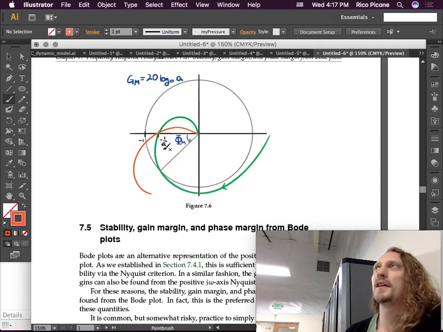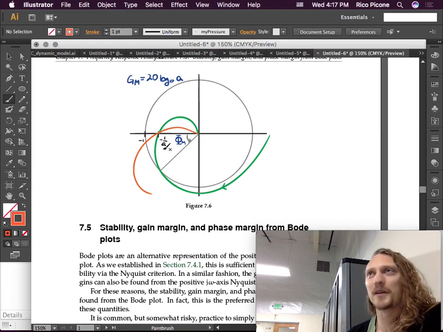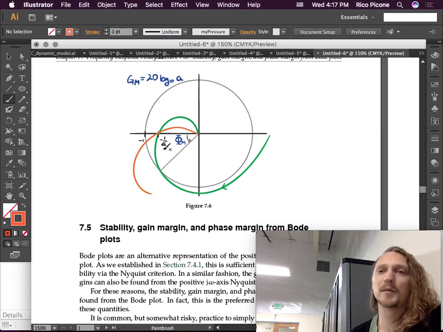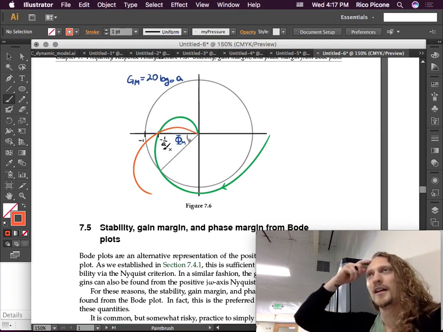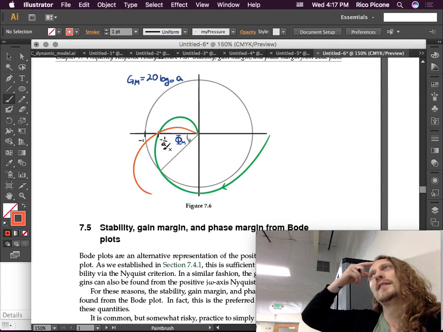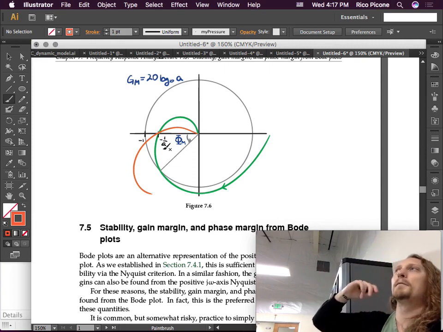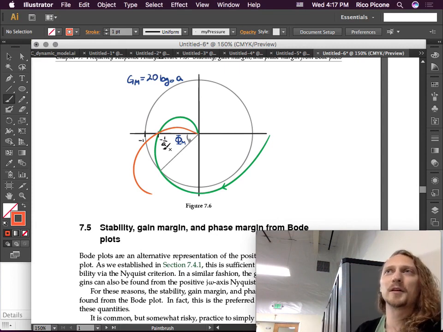And when we start doing some more controllers, you can affect gain margin and phase margin, and they're also related to other time response characteristics, which we haven't really discussed yet, but we'll discuss in the last lecture today. And so these quantities tell you things about the system that are slightly different, but they're still related.